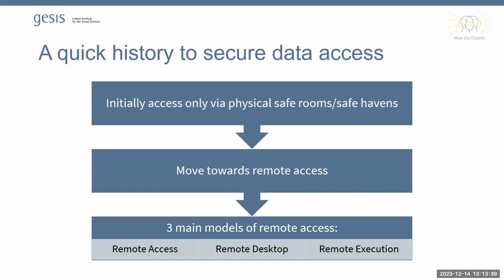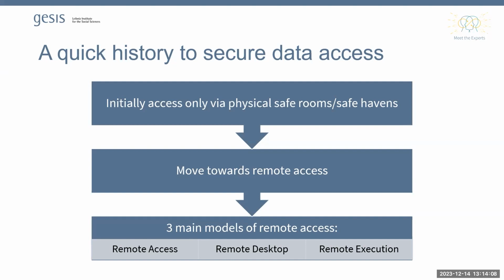And this meant that researchers had to come to a specific room within the institution that was making the data available. And that was the only possibility that existed to start with. And in probably the last decade, we've seen this move towards exploring remote access. And in some parts of the world, this is now the dominant means of access.